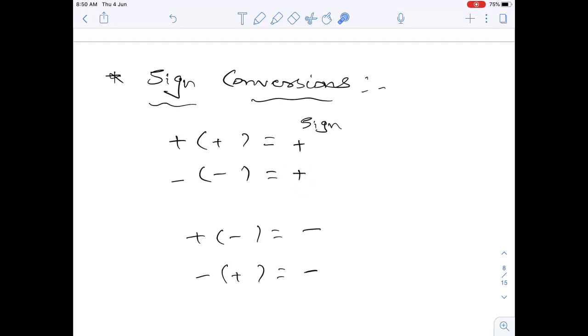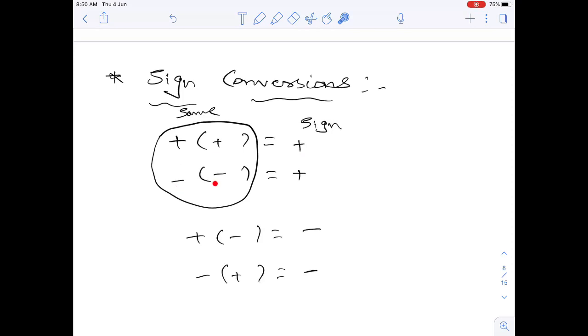If a plus sign is followed by a negative sign, then we write it as a negative sign. If minus is followed by a positive sign, then again we write negative. In short, when the same signs follow one after another, we write plus. After plus there is plus, so we have written plus.